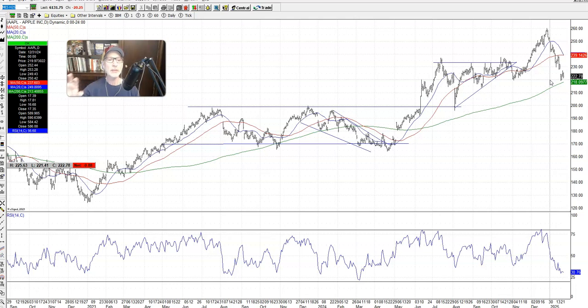Now, one of the things that you need to understand is that when you decide on a stock that you want to trade options on, you have to know where the stock is trading, where it's been, and where you think it's going to go. For those of you that are into fundamental data, which is the sales growth, the earnings revenue, expenses, price to earnings ratios, all those fundamental data items are great to know.